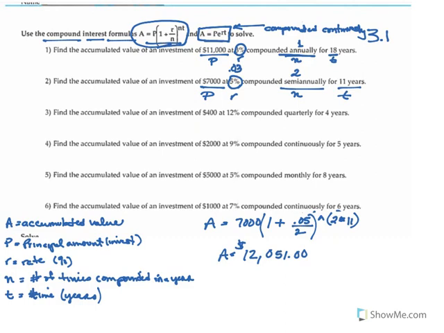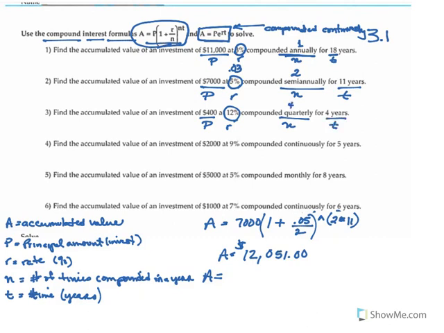All right, so let's look at number 3. Find the accumulated value of a $400 investment, which is our P, 12%, which is the rate, compounded quarterly, that's the N. How many times a year is quarterly? Four times a year.